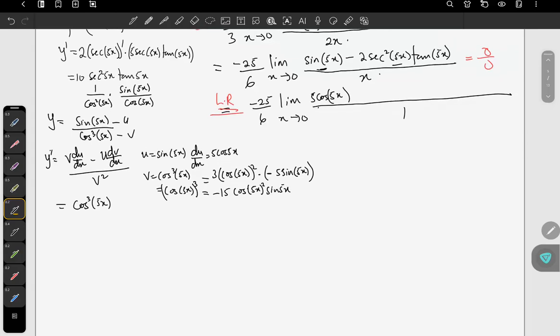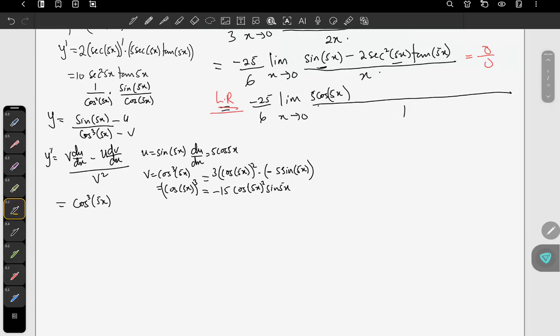So here we have cos cubed 5x as our v, and the du/dx is 5 cos 5x, so times 5 cos 5x, minus u dv/dx. u is sine 5x times this ugly looking expression, so that'll be plus 15 cos squared 5x sine squared 5x.